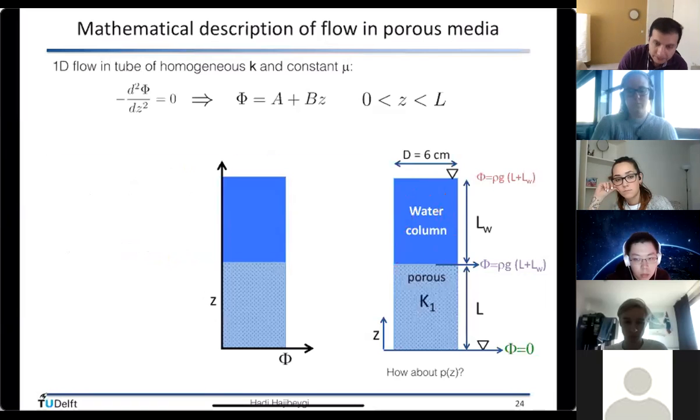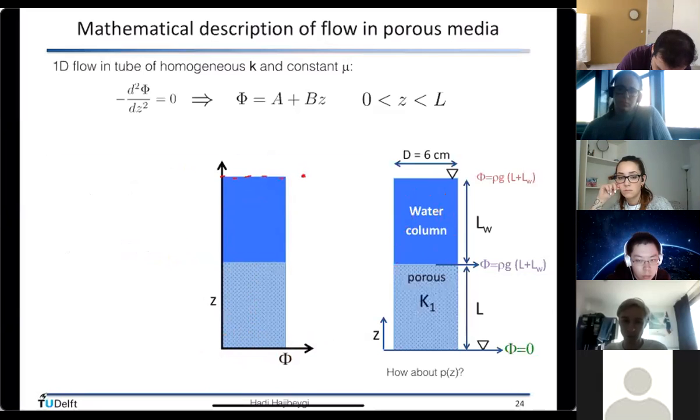You have a porous sample. I am plotting it here, with Z, which is elevation, on the vertical axis, and in the horizontal direction I have potential. I know that the potential at the top is rho g times L plus LW.